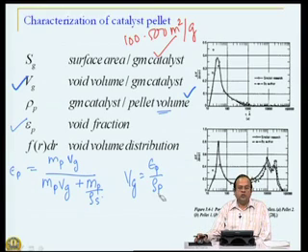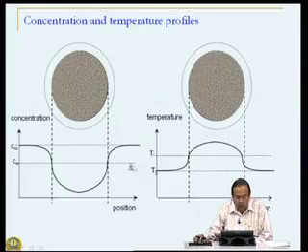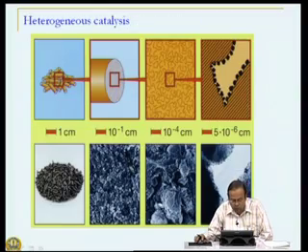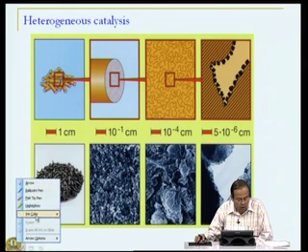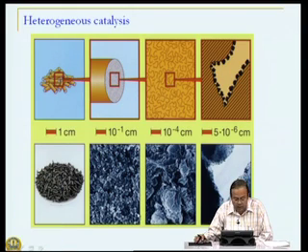Another quantity which is of interest when we characterize the pellet is what is the distribution of this void volume. That is, if you look at this cartoon, the radius of all these catalyst pores is not the same. So, in other words, whatever is the void volume there, it is not of the same size.